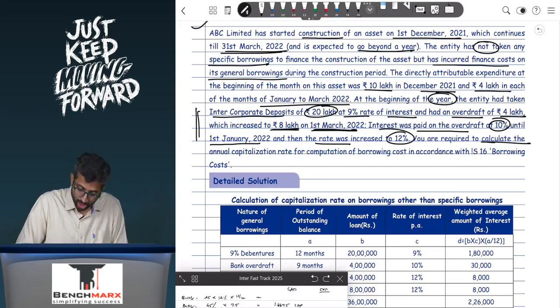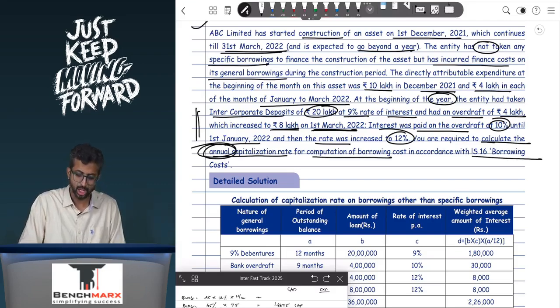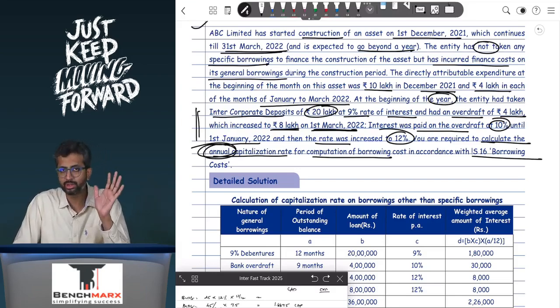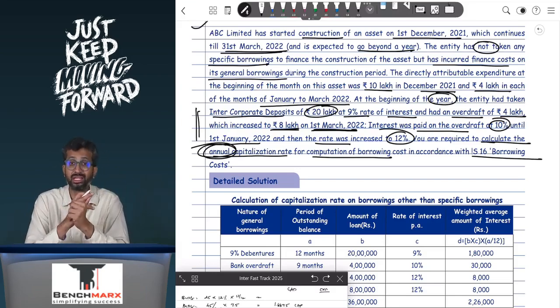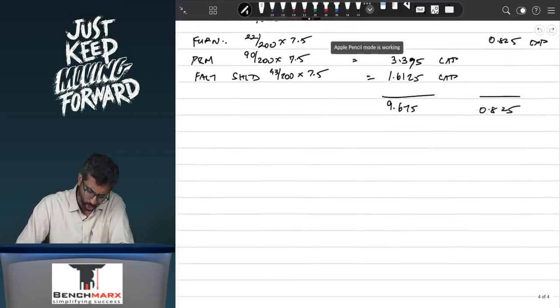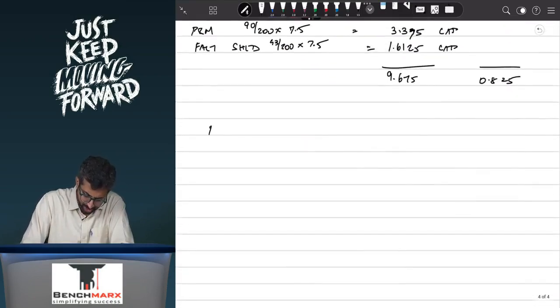You are required to calculate the annual capitalization rate for computing borrowing cost in accordance with AS 16. So if you want to find the annual borrowing cost, in the numerator you will have to take the annual interest, as well as in the denominator the borrowings throughout the year. So if I look at actual interest in my numerator, I would say that over here the problem is for my bank overdraft.